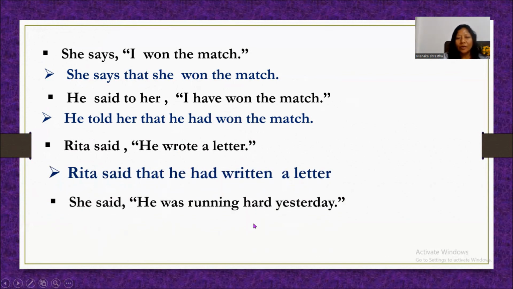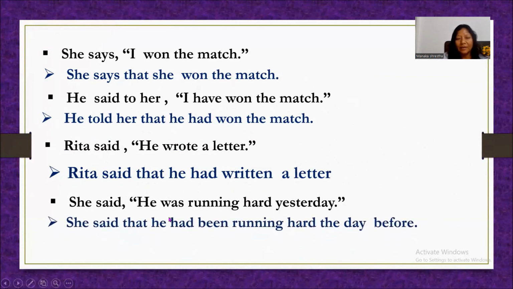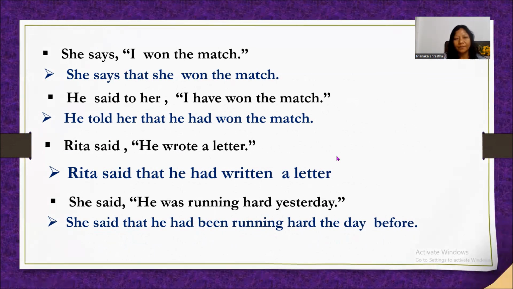She said, "He was running hard yesterday." So here, what is the reported speech? She said that he had been running hard the day before. Was running, past continuous, changes into past perfect continuous, so had been running. And yesterday changed into the day before. Okay.